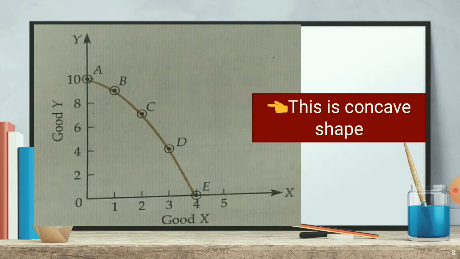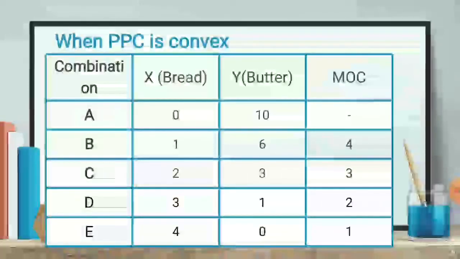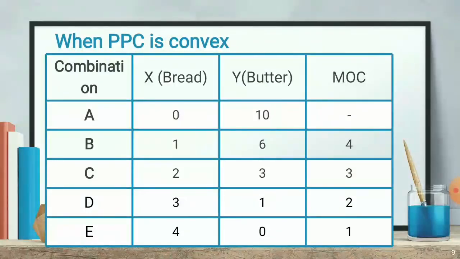Now, the next concept. The same scenario, if it is opposite. Now, if the sacrificing rate is more than the gaining rate. Here, just look at, butter is sacrificing more and more. Previously it had 10, now it has sacrificed for the production of 1 unit.